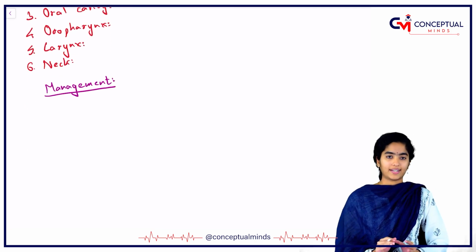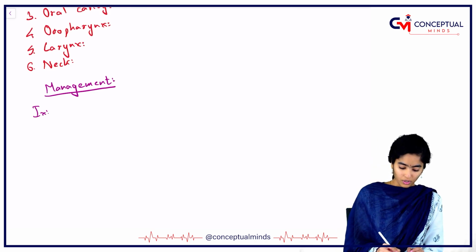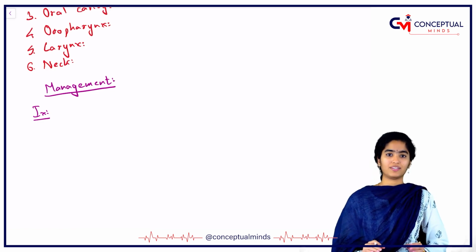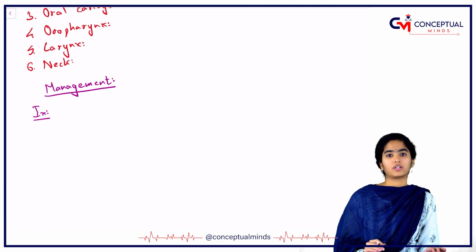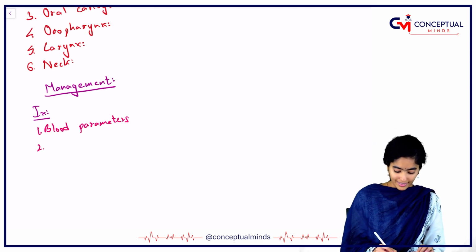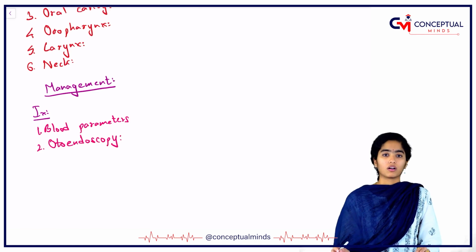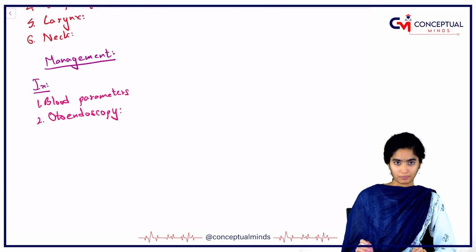So after a detailed history and examination, we go for investigations. What investigations are done? Blood parameters are looked into to see if there is any occult infection, and then we go for otoendoscopy for a detailed picture of the external auditory canal and tympanic membrane.